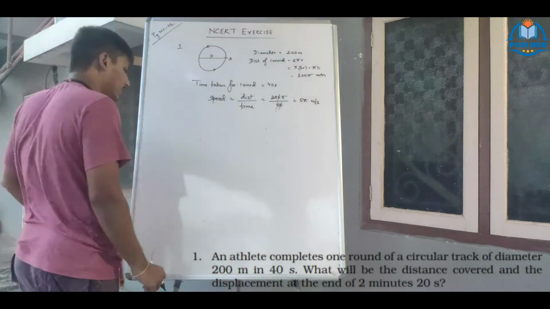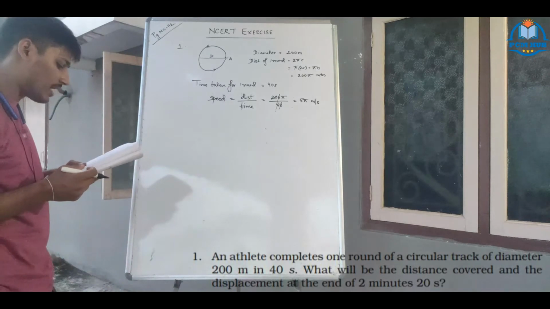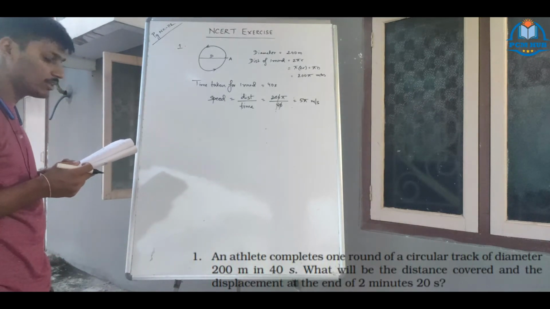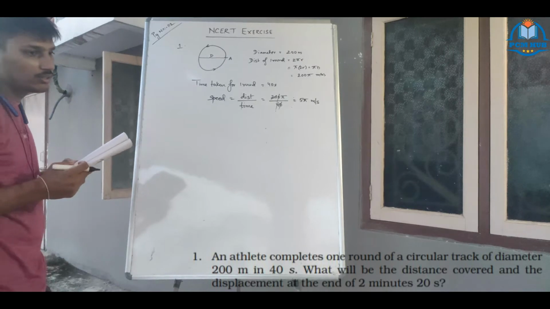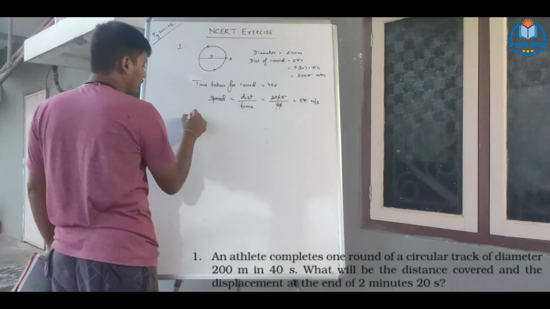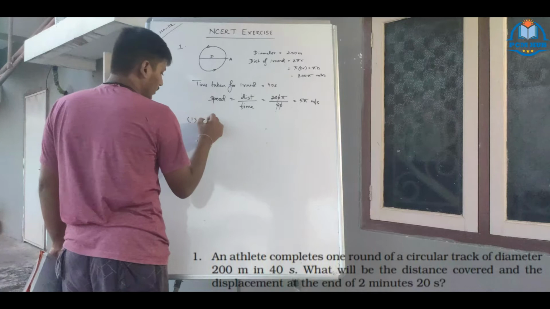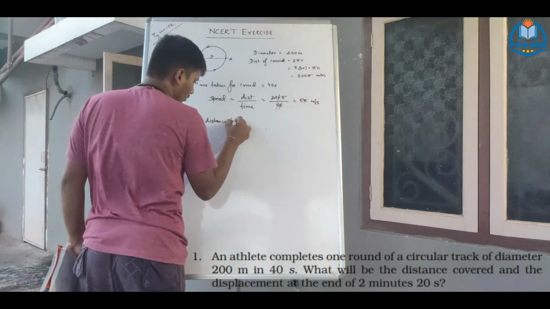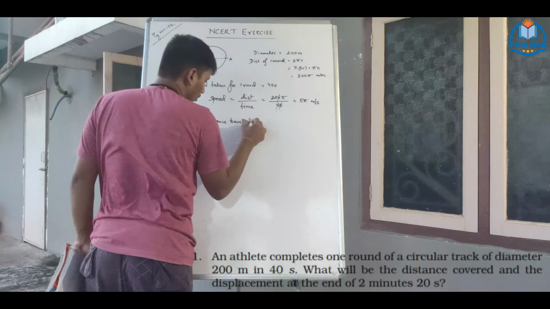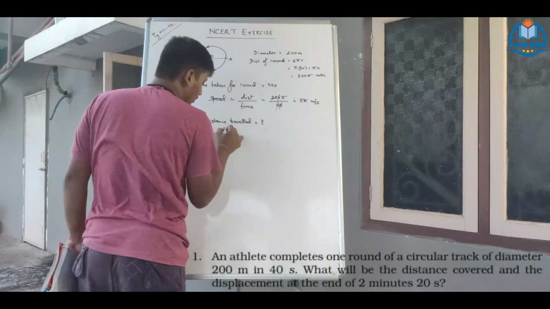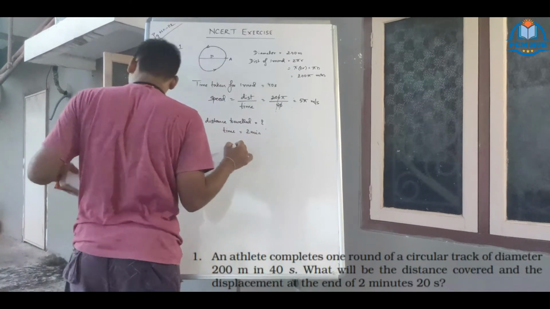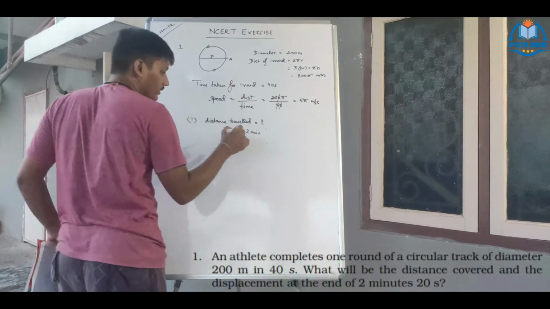So now, what is asked in the question? What will be the distance covered and the displacement at the end of 2 minutes 20 seconds? The first part is, what is the distance travelled? Time is given. How much? 2 minutes 20 seconds.